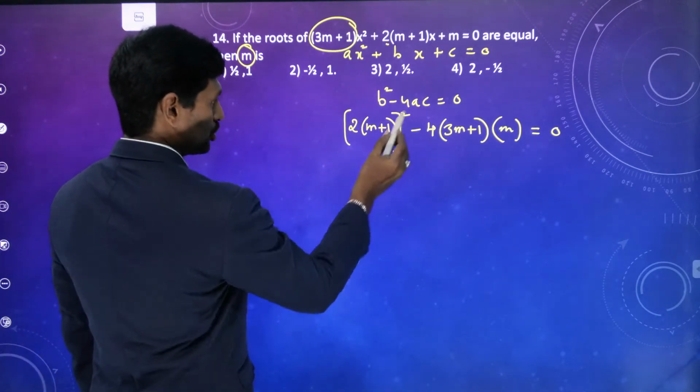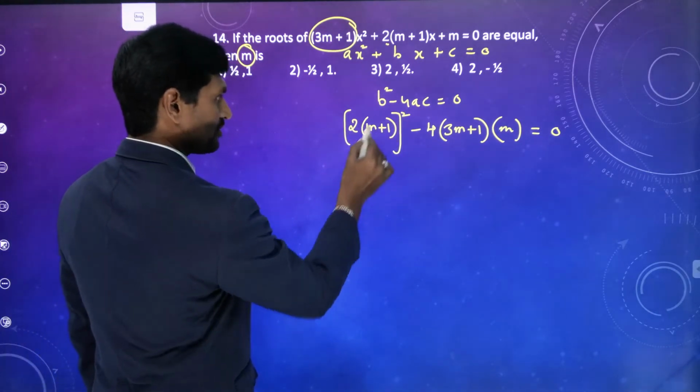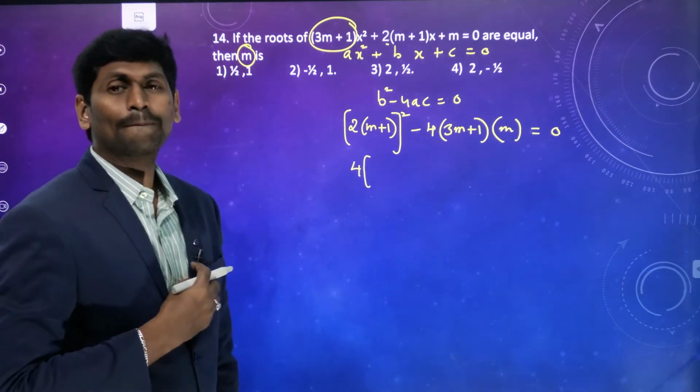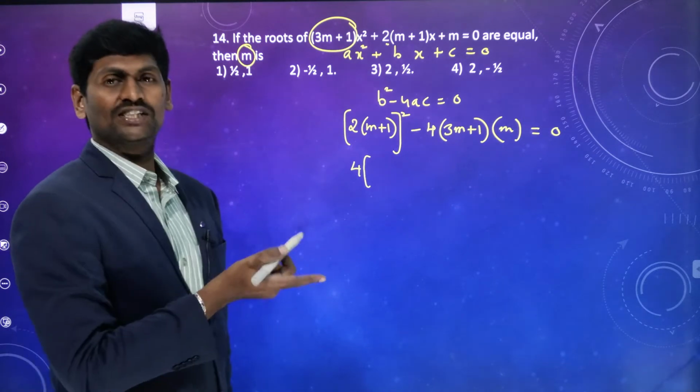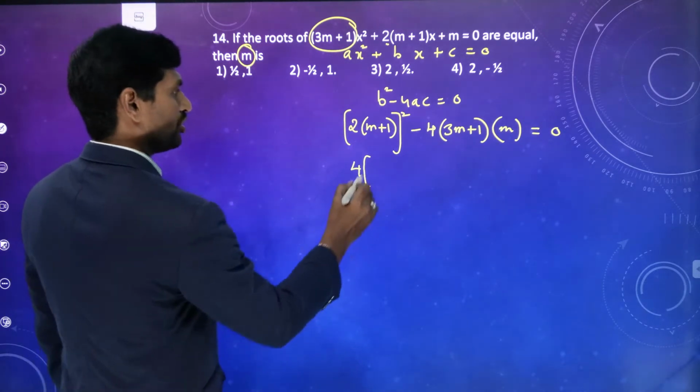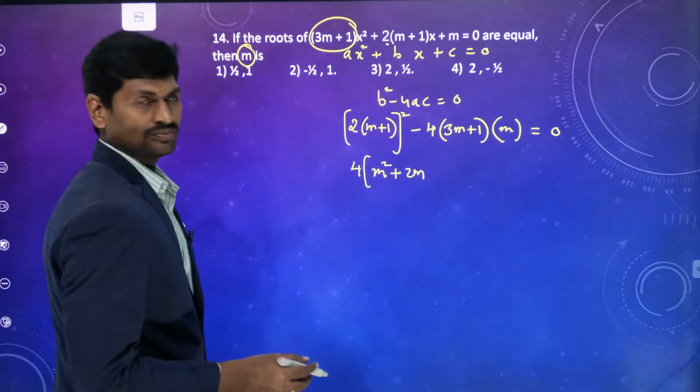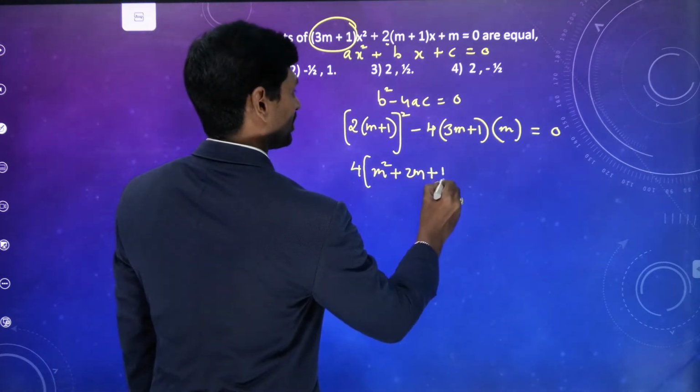Again 2 square 4, m plus 1 whole square, nothing but the a plus b whole square formula. What is that? A square plus 2ab plus b square. So m square plus 2ab means 2m plus b square means 1 square.